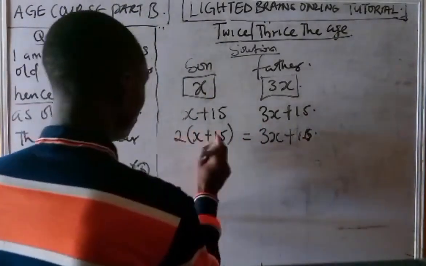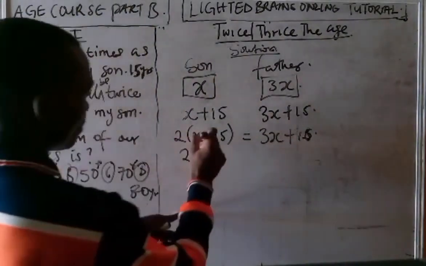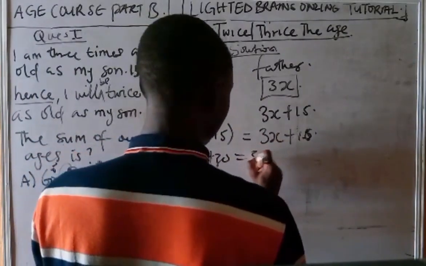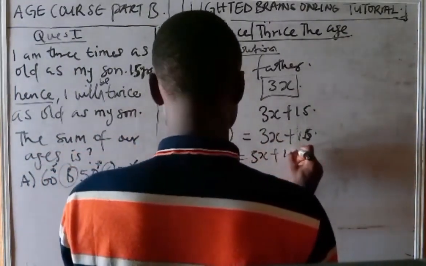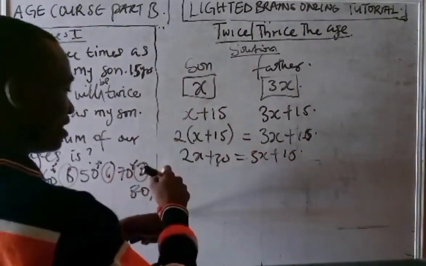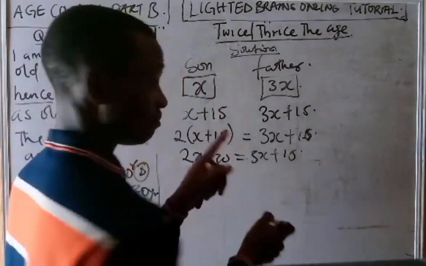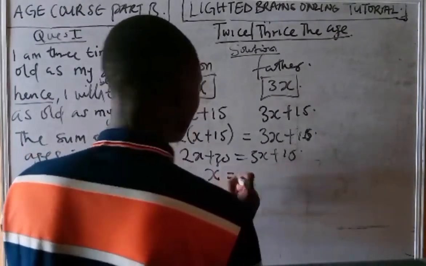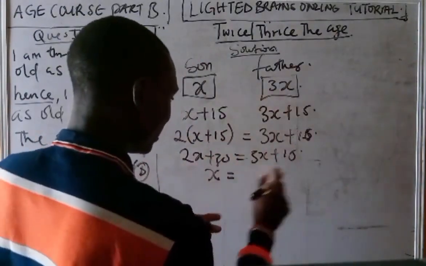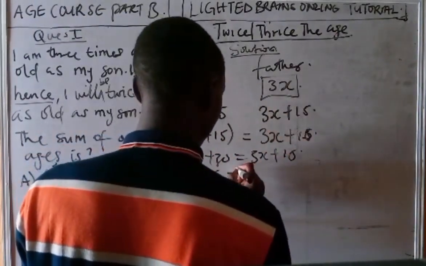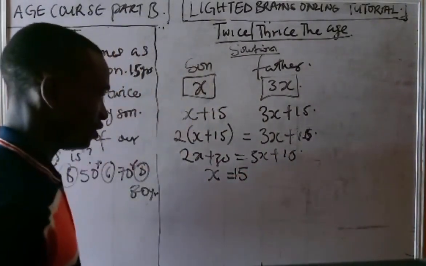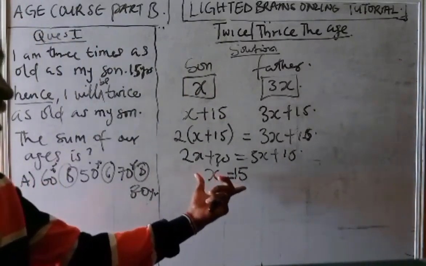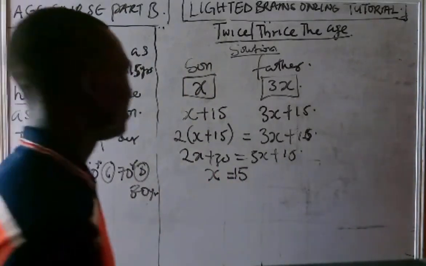So 2 times x is 2x, 2 times 15 is 30, equal to 3x plus 15. When you take x to this side, 3 minus 2 gives us x. So x is equal to 30 minus 15, which is 15.